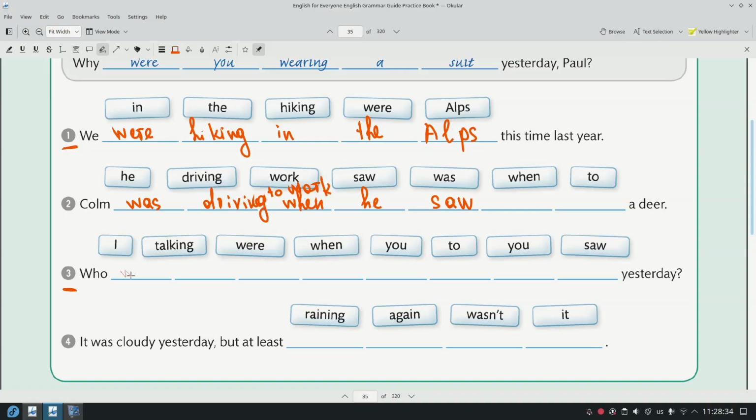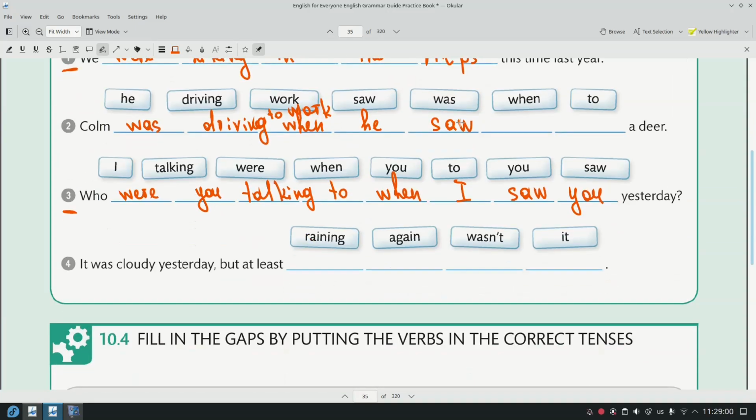Who were you talking to when I saw you yesterday? And last one. It was cloudy yesterday, but at least it wasn't raining again.